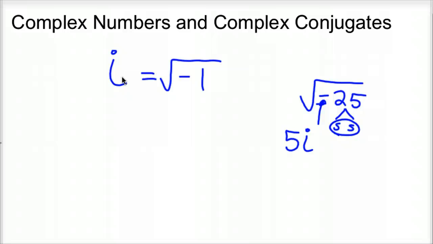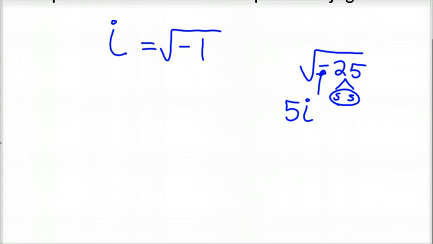But anyway, what we want to do then is define a complex number. A complex number is a number with a real part and an imaginary part.